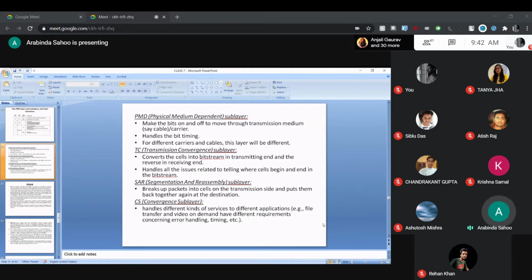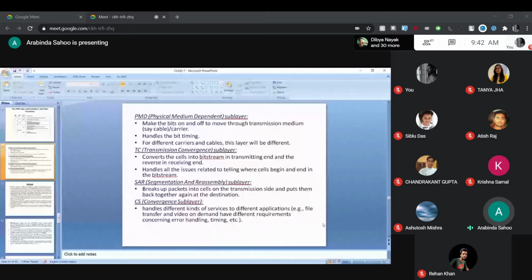Next is the CS, the convergence sublayer. That is also a sublayer of the ATM adaptation layer. This convergence sublayer handles different kinds of services to different applications.